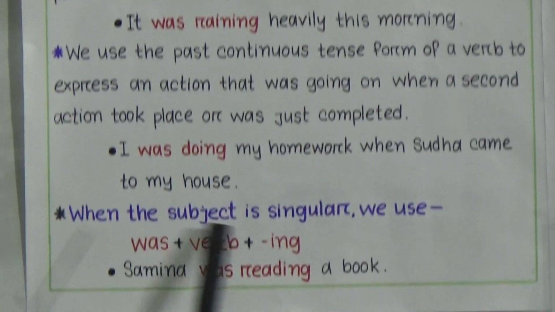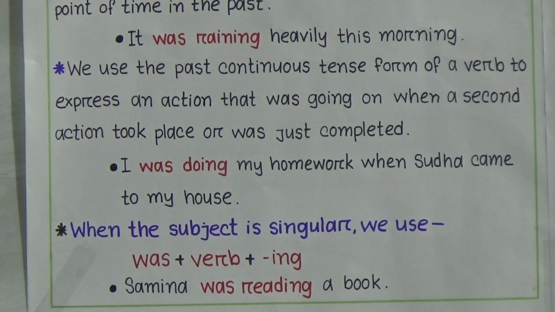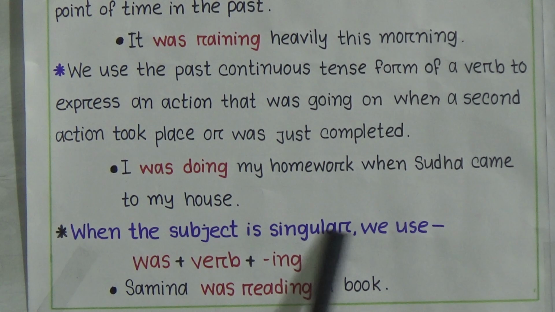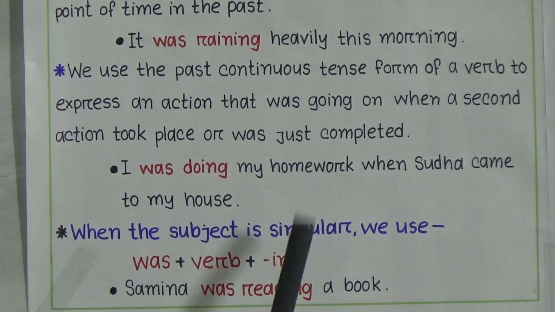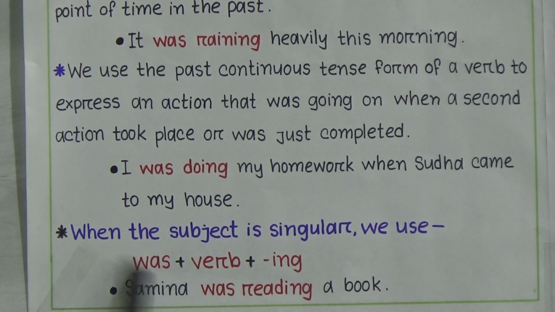When the subject is singular, we use this structure, and the structure is was plus verb plus ing. It means when we find a singular subject, we have to use was and ing with the verb.